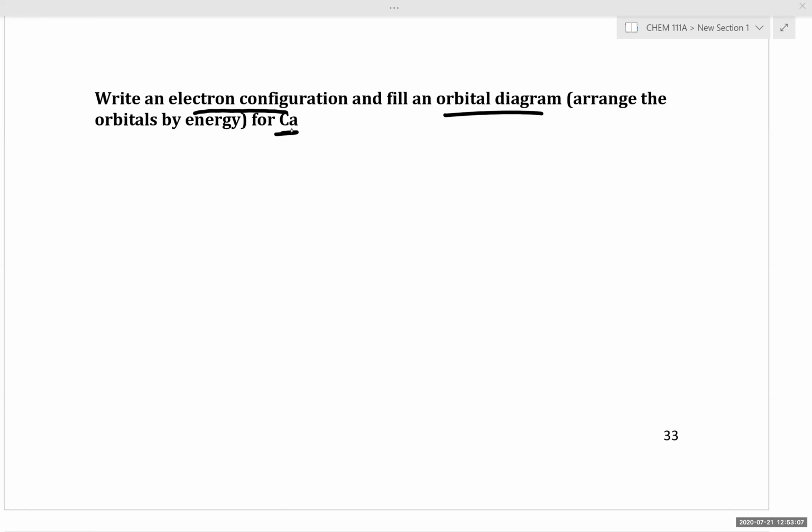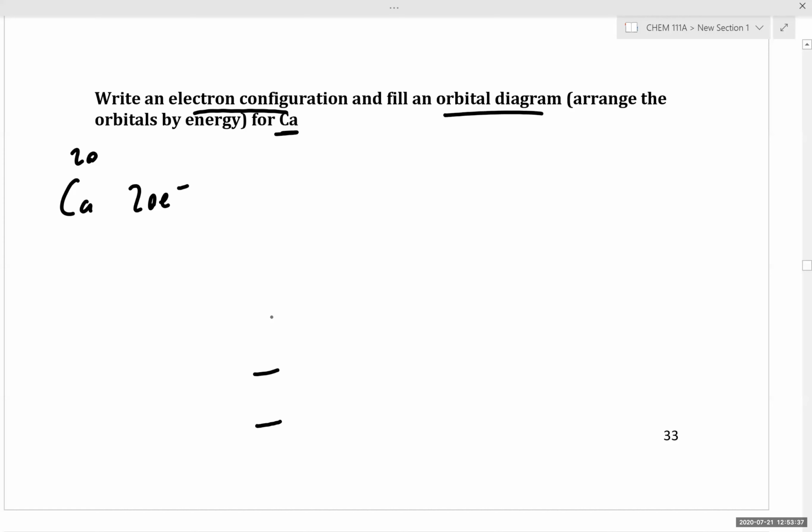Okay, so let's discuss this example. So if we go to the periodic table and we find calcium, calcium has an atomic number of 20. So we have 20 electrons to work with.